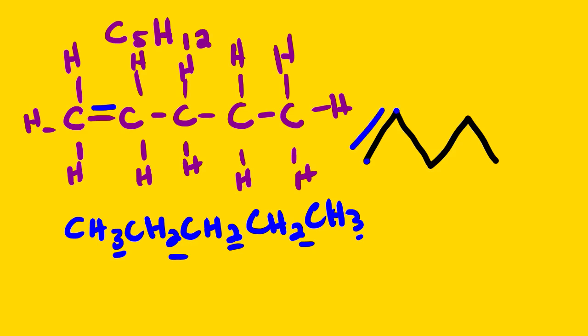We'll simply put it here. Then if we had another bond, let's say here, we'd have to locate it: 1, 2, 3, it's between 3 and 4, then we can put it here. The skeletal structure is very simple if you understand its basics.